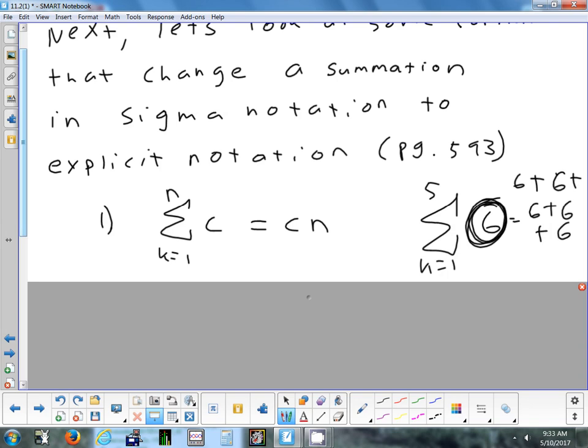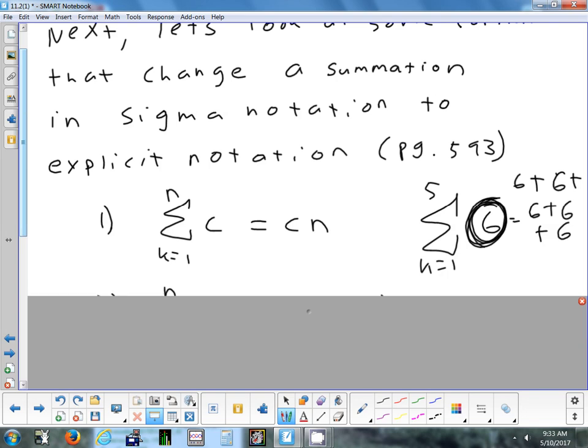Plus 6. So you have 6 plus 6 plus 6 plus 6 plus 6. What's a shorter way to say that? 6 times 5. Okay, you're just adding up the same number over and over. So if that's all you're doing, you just take the number in front times the number at the top. You're just adding up the same number over and over.